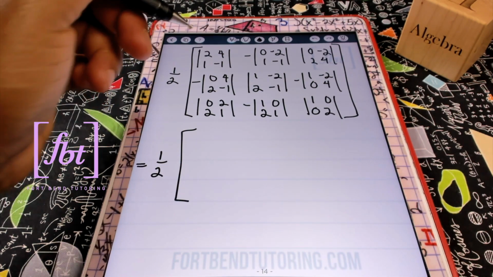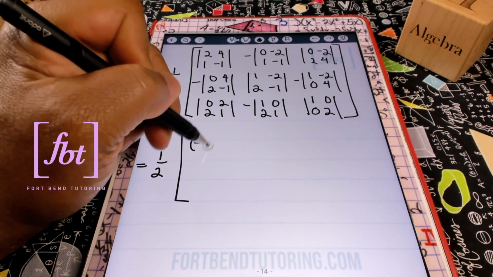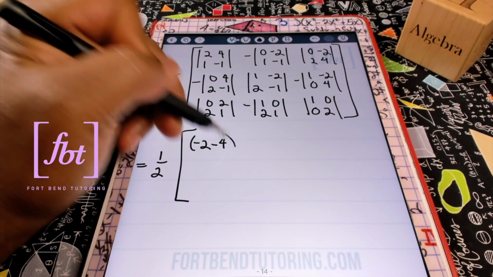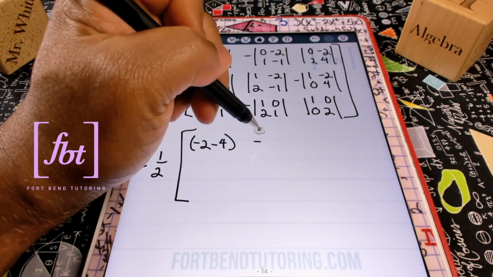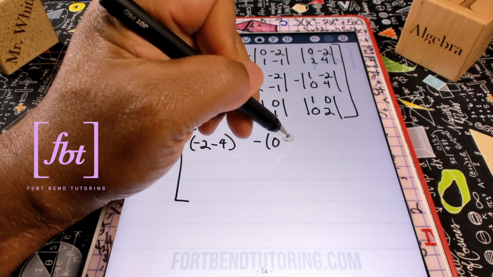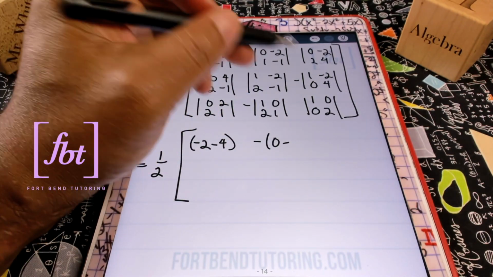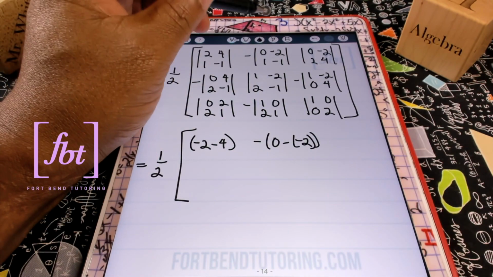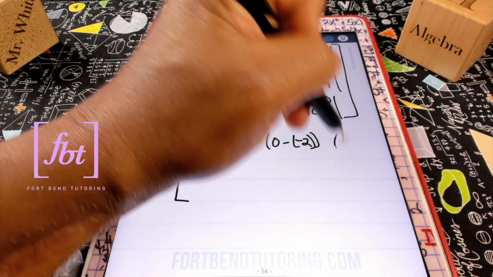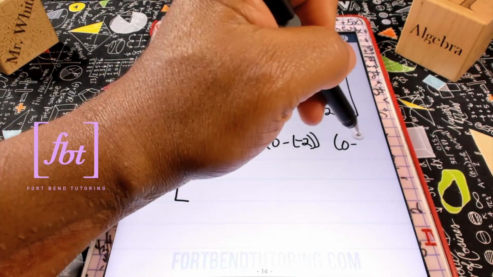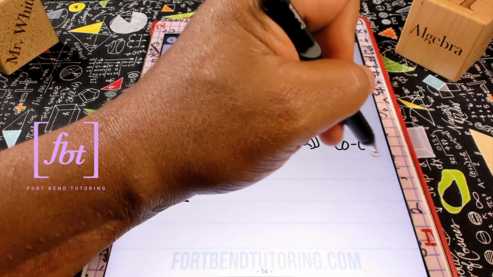So I'll set it up as 2 times negative 1 gives me negative 2, minus 1 times 4 is 4. Then I'll need to find the opposite of 0 times -1, that gives me 0, minus 1 times -2 is -2. For the final element in row 1, we'll have 0 times 4 is 0, minus 2 times -2 is -4.